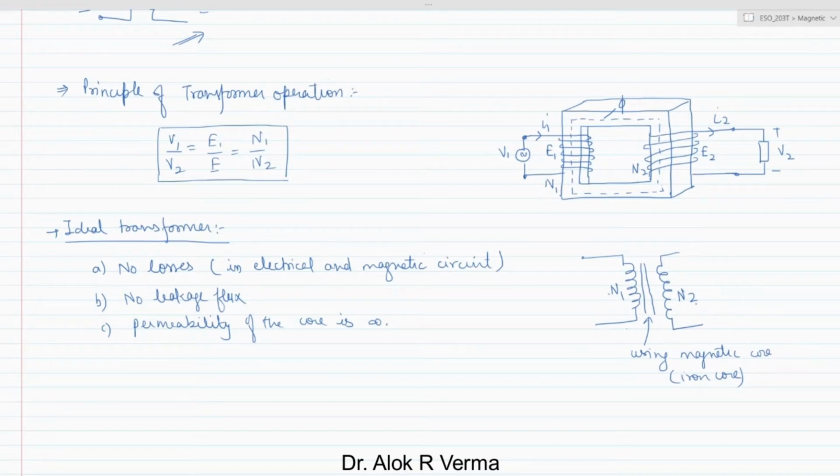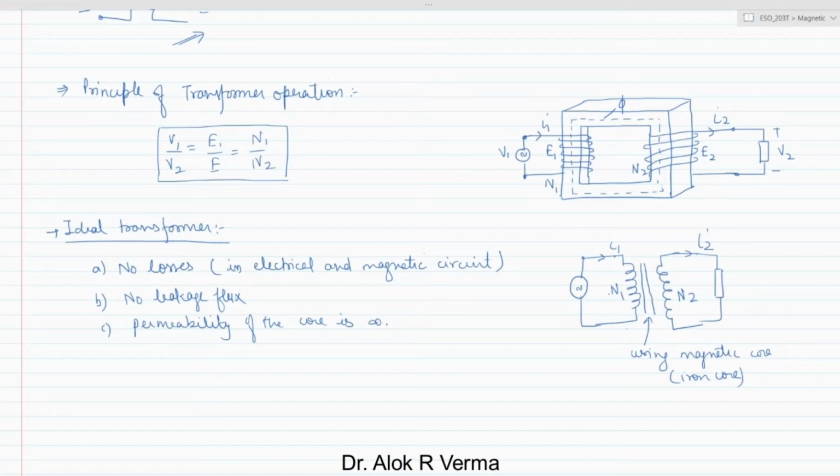Primary side is N1, secondary is N2. Or normally, based upon the voltage also, we call it low voltage side or high voltage side, depending upon the voltage ratio. Okay. So the energy is being received from the primary side and fed to the load which is connected to the other side. So this is basically a motor or in general some load. Okay, so this is the connection which we will be assuming for I2 and I1.